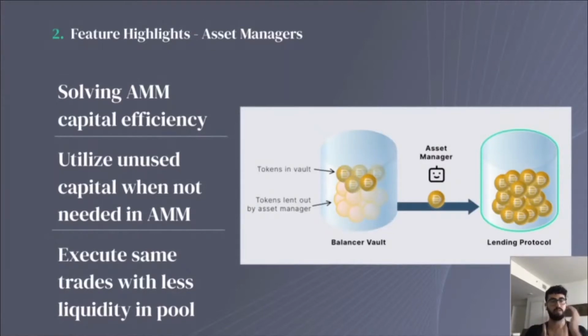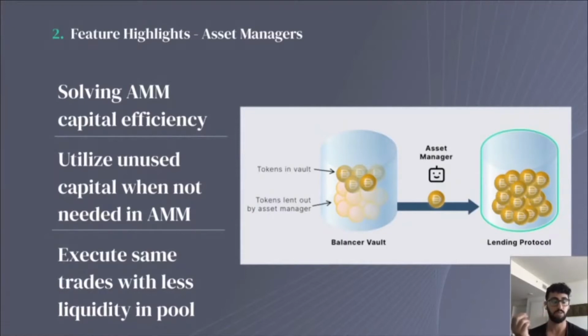And then there's a very large portion that is sitting dormant. It's not doing anything. So with the right design, with the right system, you could safely use those tokens more productively elsewhere instead of letting them sit there. And so that's what an asset manager is.